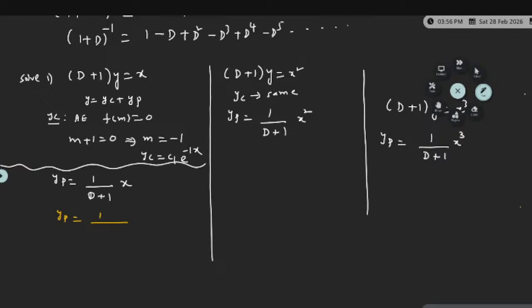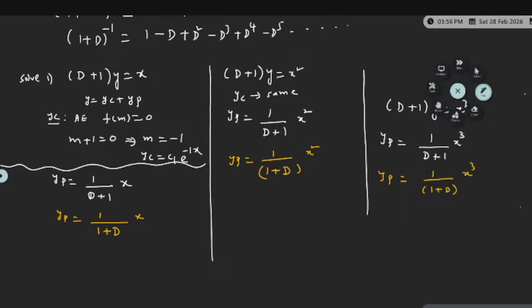Always it starts with 1. So now I interchange these two terms. If I interchange these two terms, it becomes 1 plus d. Do the same. It becomes 1 plus d.